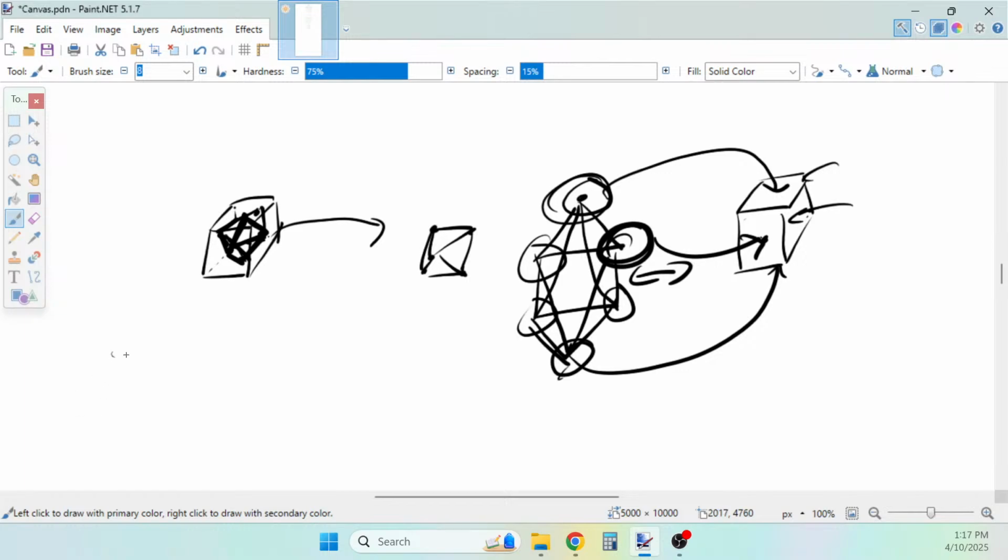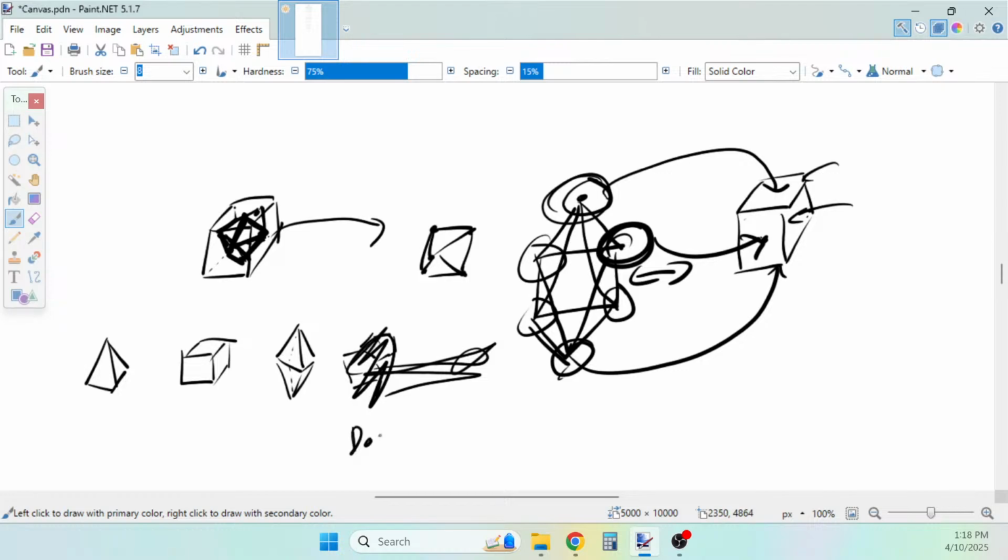So if we look at the five platonic solids, tetrahedron, hexahedron, octahedron, then we have the dodecahedron, 12-sided.